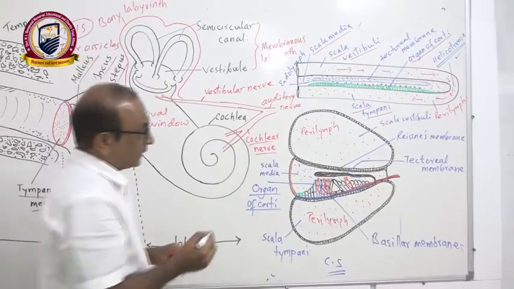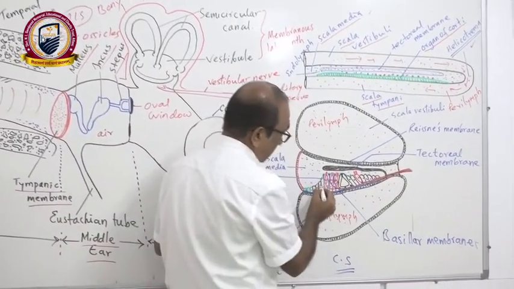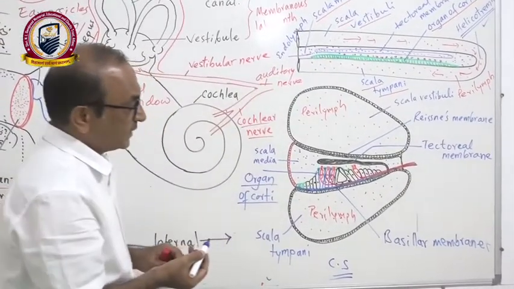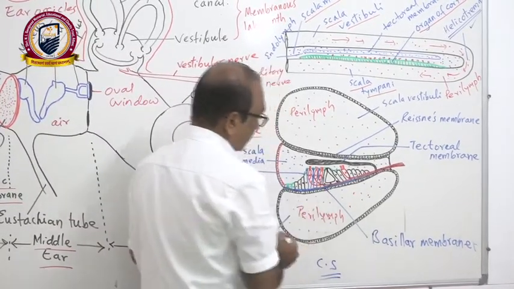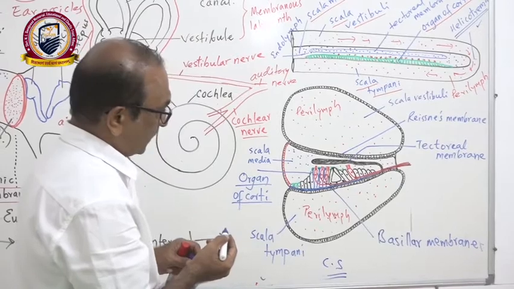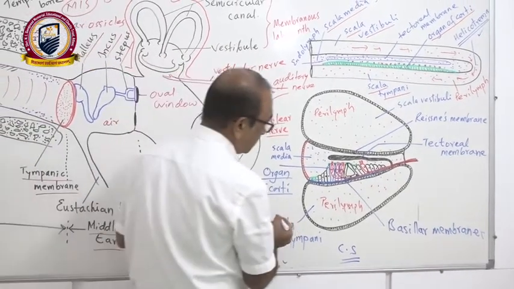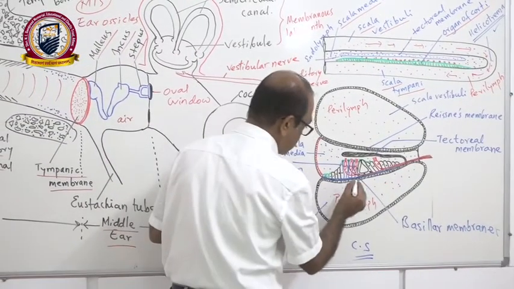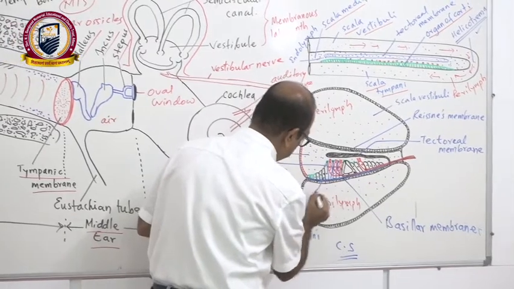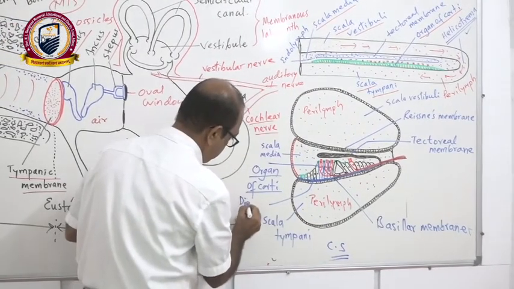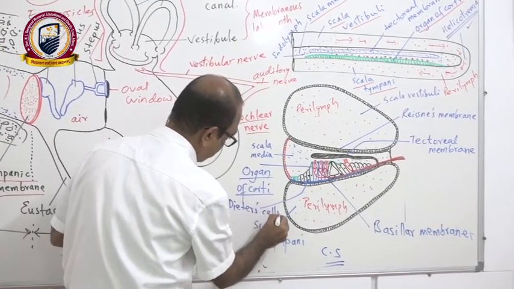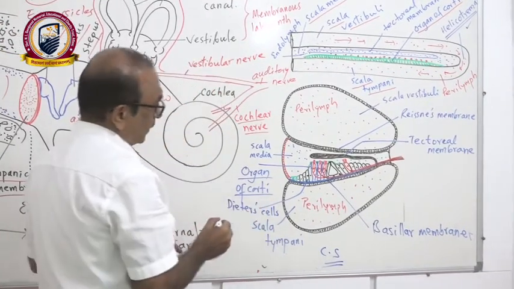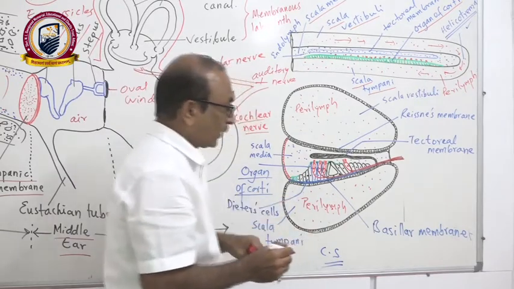Organ of Corti contains tall cylindrical cells which are called Reiter's cells, Dieter's cells. And these cells are supporting cells.